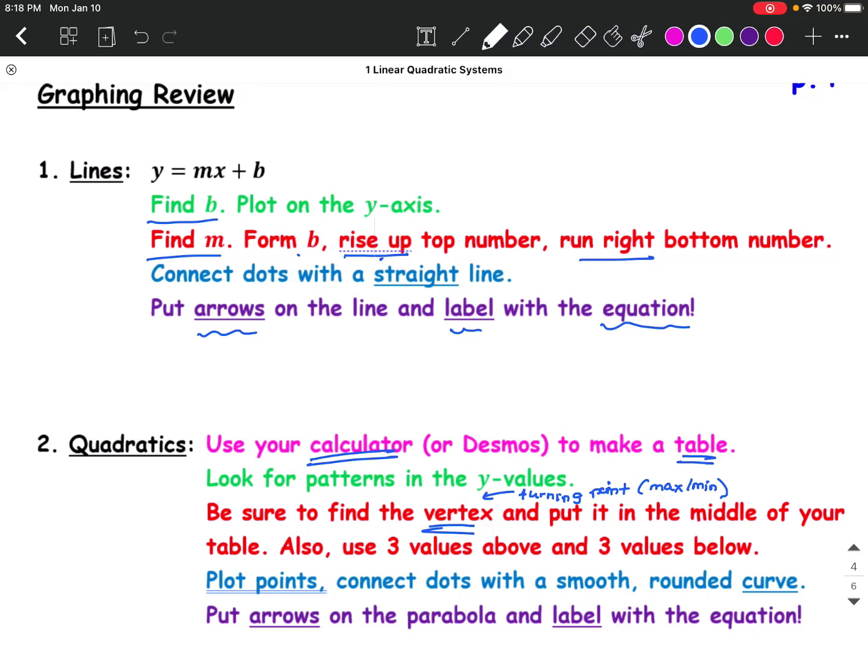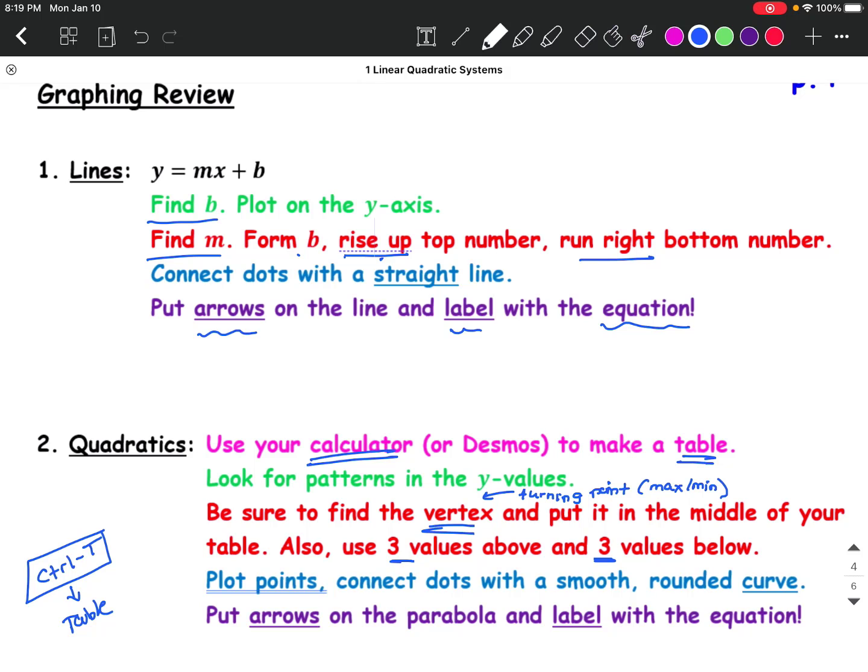You have to find that point and put it in the middle of your table. Then for the x values, you're going to pick 3 x values smaller than that x and 3 values bigger. You're going to use Control T on your calculator to get the table, and we'll go through this, and you're going to copy the numbers out for the table.